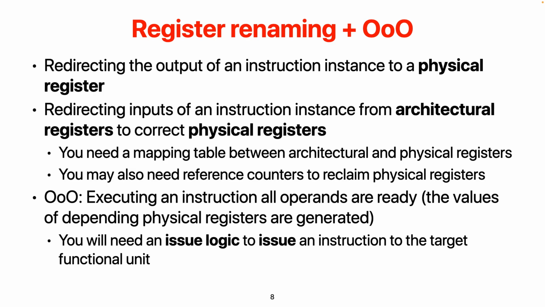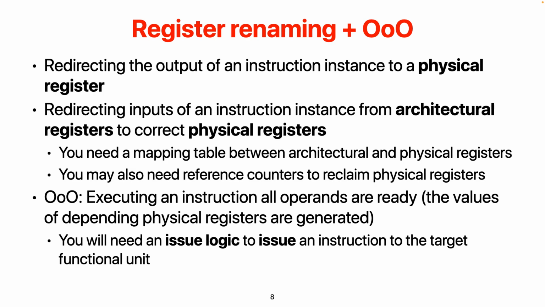Whenever an instruction enters the register renaming stage, its mission is to find a physical register to store that temporary output. For all the following instructions, as long as one of its inputs depends on the output of that instruction, the input should be renamed to the physical register of that instruction.